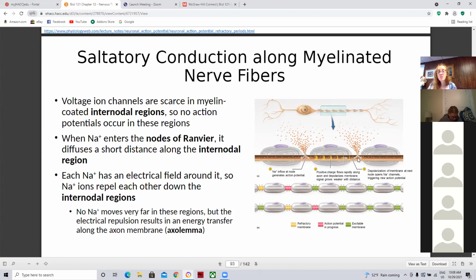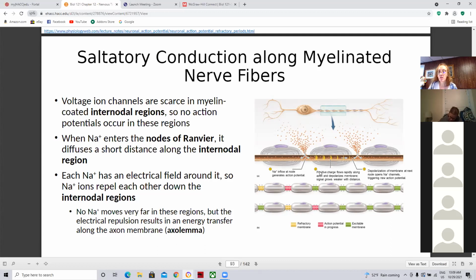So each sodium has an electrical field around it. Sodium only enters at the nodes, and the sodium ions are going to repel each other because they're positively charged, and positive charges next to positive charges repel each other, right? Only opposite charges attract.